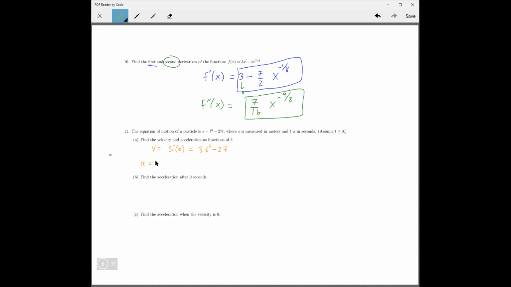Acceleration is the derivative of the velocity, which is going to be the second derivative of the position. So take the derivative of this again. You get a 2 come down, make that a 6. 2 minus 1 is 1, but we don't need to write the 1. And then the derivative of this part is 0. So the velocity is this one, and the acceleration is 6t.